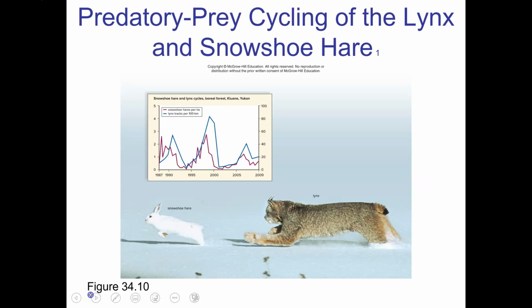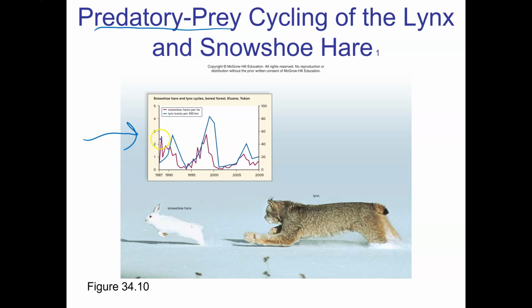So let's look at that. Here we see the lynx cat and the snowshoe hare. This is a beautiful example of predator and prey cycling. Anytime we have an increase in the snowshoe hare, like this red line goes up, this is during a decrease in the number of lynx that we have.